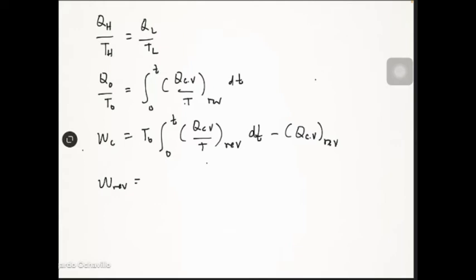Okay, so in order to know also its potential, we have what we call irreversibility. This is denoted as I. This is W reversible minus W of your control volume.